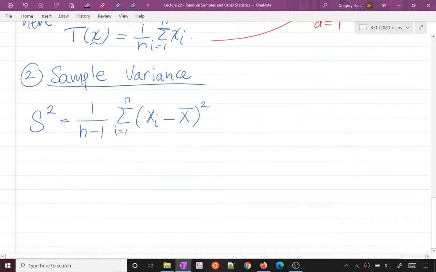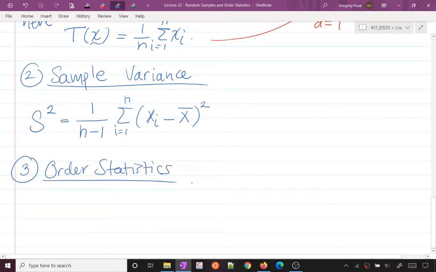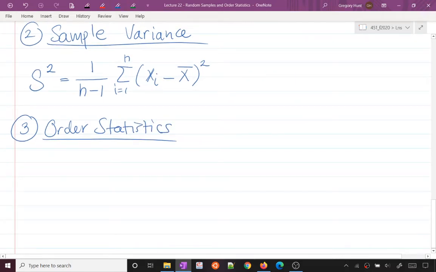So there's another example. Today we're going to talk, as an introduction to some of these ideas, about order statistics, as examples of some statistics. So for example, let's say x sub (1).